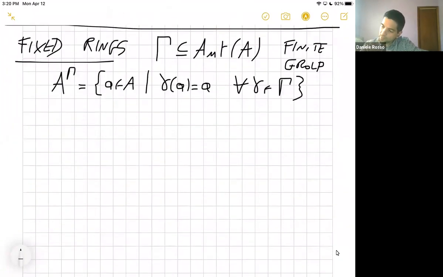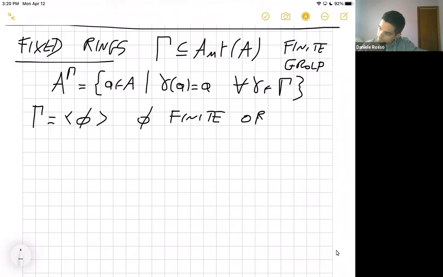And I'm mostly interested in the case where this is generated by a single element, phi. So phi is going to be an automorphism of finite order. I'm actually going to look at A upper phi, things fixed by this automorphism phi.